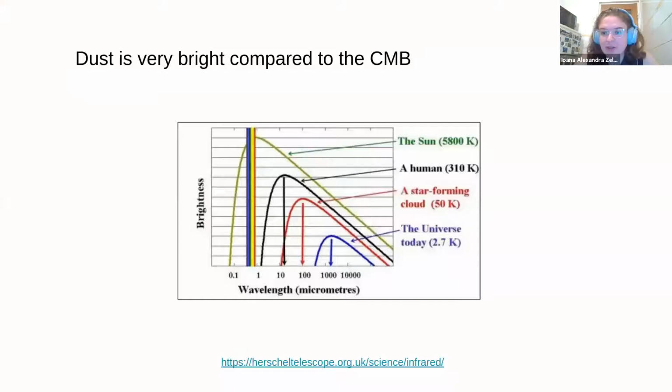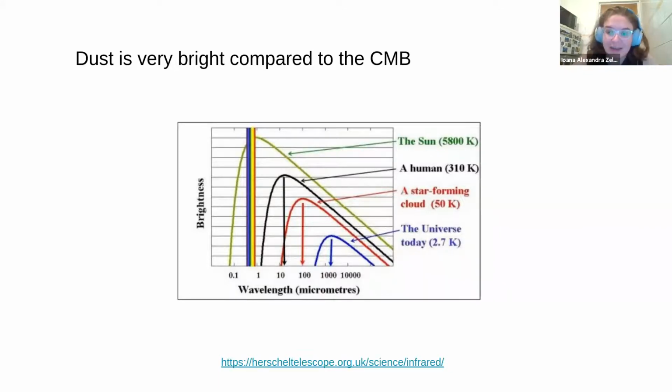They also emit radiation. And if we compare the dust radiation with the human radiation, the dust is much cooler than the body, so it is not as bright, and the peak of it is at longer wavelengths. It is much less bright than the sun, but unfortunately it is also much brighter than the universe, or what we call the universe.